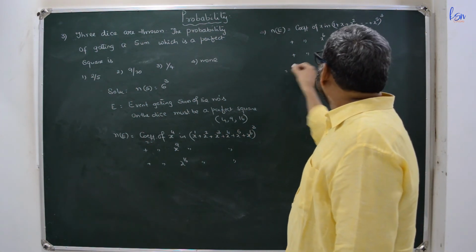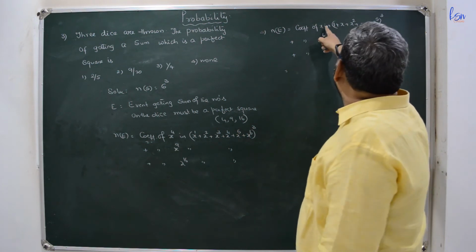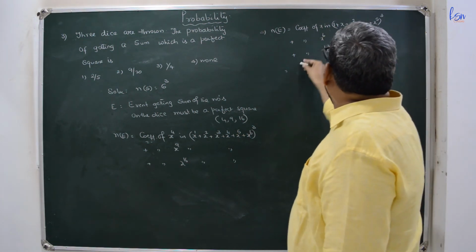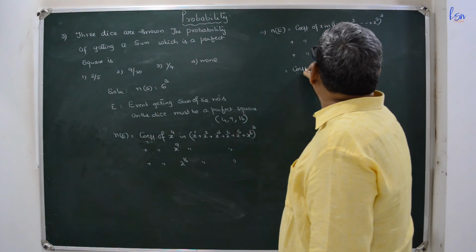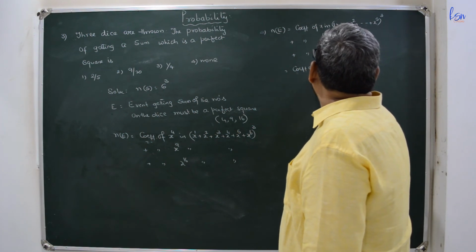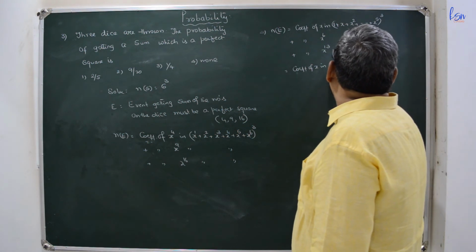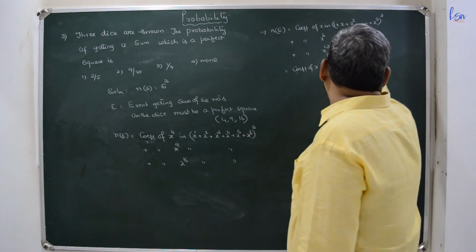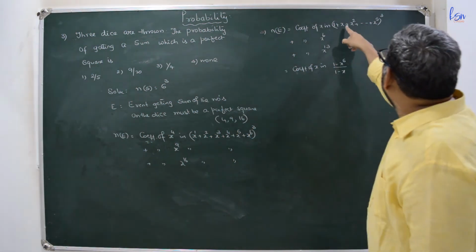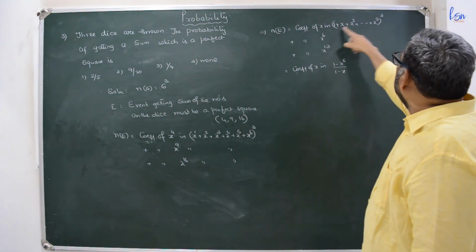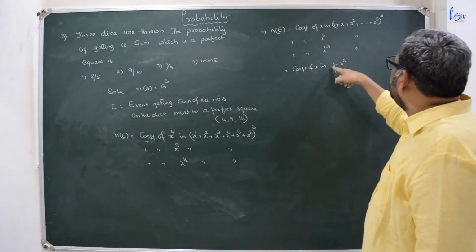This can be written as the coefficient of x in this. So the coefficient of x in this can be written as (1 - x^6) by (1 - x). You can apply the GP. Here only 6 terms are there. The first term is a, r must be taken as x.